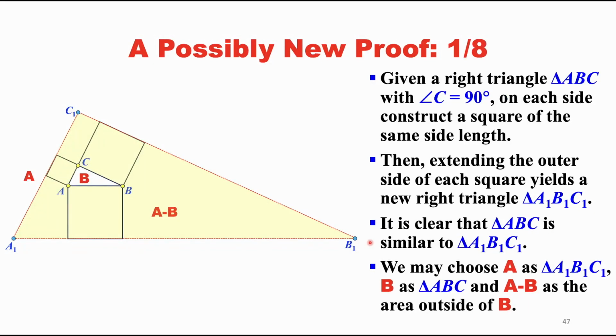And the larger triangle constructed by extending the outer sides of the squares gives a similar triangle A1B1C1. This A1B1C1 has area A, and this is B, so the outer triangular ring is A minus B. So what we need to do is find out what A minus B is. And how do we find the scaling factor rho?